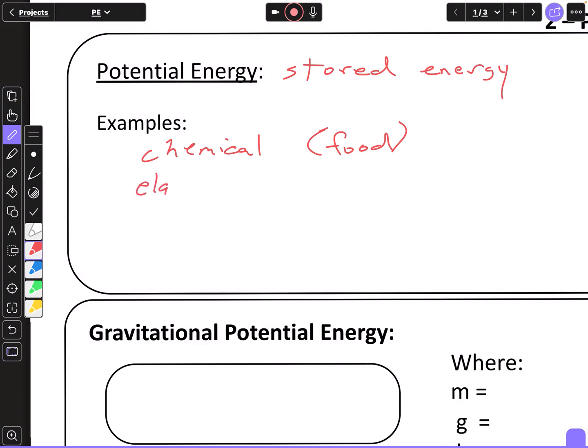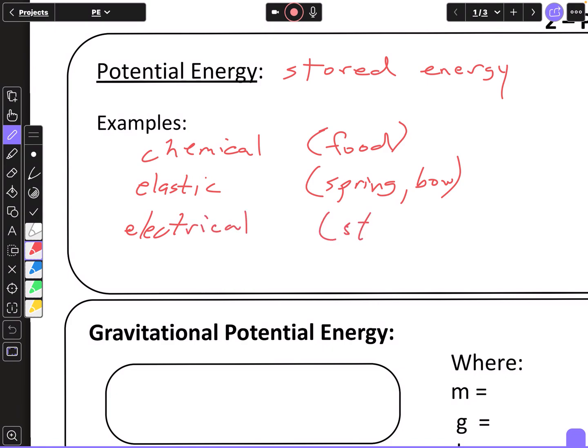elastic, that you would see like in a spring or like a bow and arrow, rubber band. And then one other type is electrical. So you have like static charges that have potential energy.